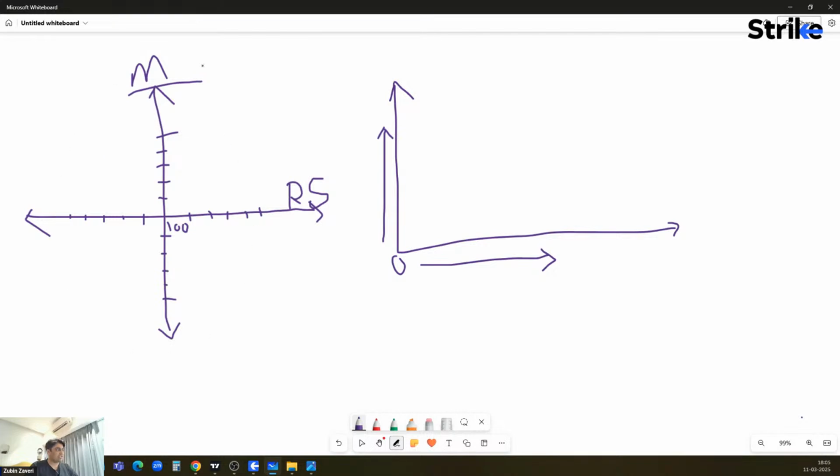So this is the RRG graph on your left hand side, which has four quadrants, and the traditional chart has only one quadrant, where on the x-axis the time gets plotted and on the y-axis price gets plotted. I hope you got the difference between the two charts.